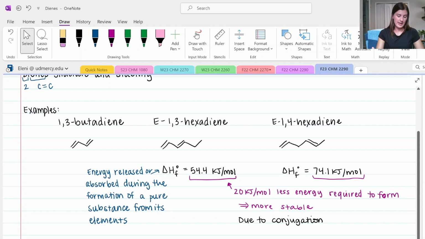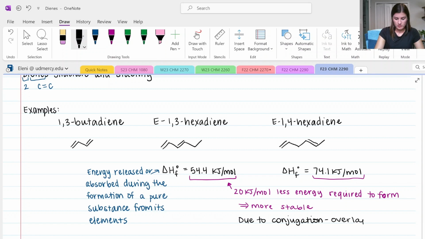Conjugation occurs when we have overlap of multiple 2p orbitals. So 1,3-hexadiene has conjugation, but the 1,4-hexadiene does not. 1,3-butadiene also has conjugation present, and so we'll look at that molecule first.